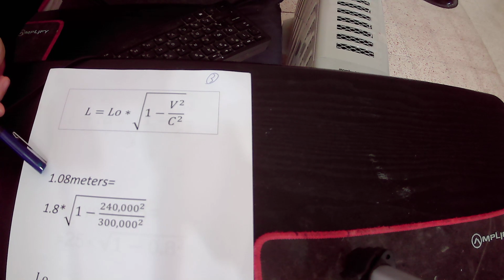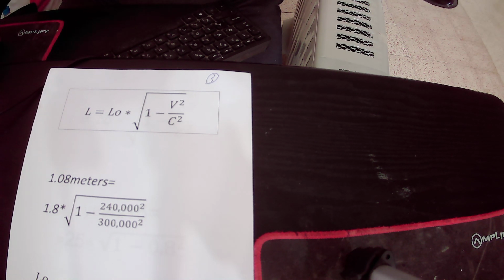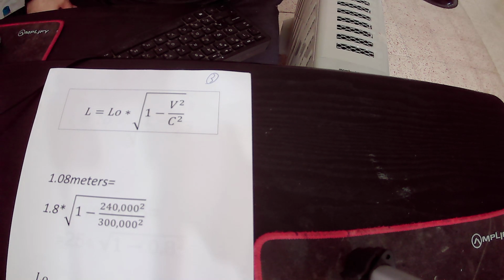And the final result is 1.08 meters. So we see that his height, the twin brother's height, is actually shrinked from 1.8 meters to 1.08 meters only. So it actually shrinked by 72 centimeters. Okay.